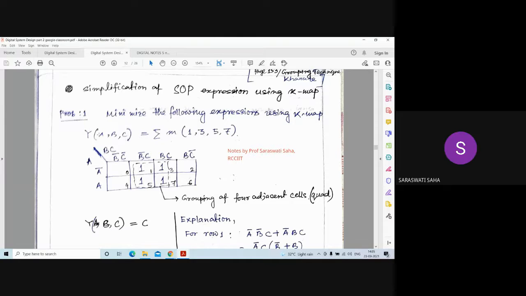So if this pattern is not given, suppose y is a function of ABC, and you only have y equals summation of min-term 1, 3, 5, 7. Then first you check what is the maximum min-term value given in this equation.